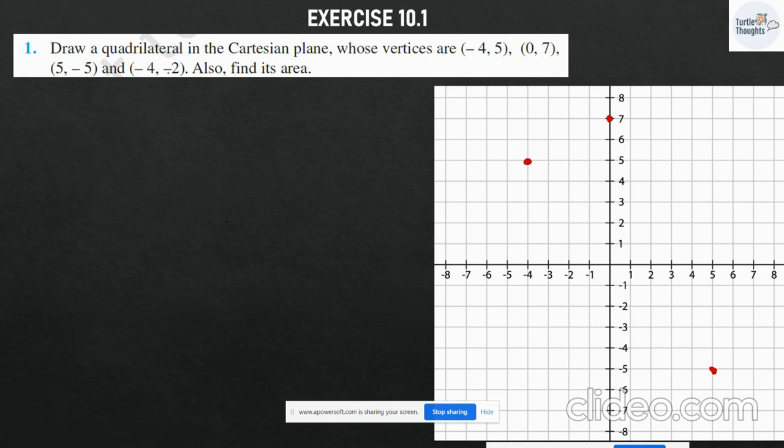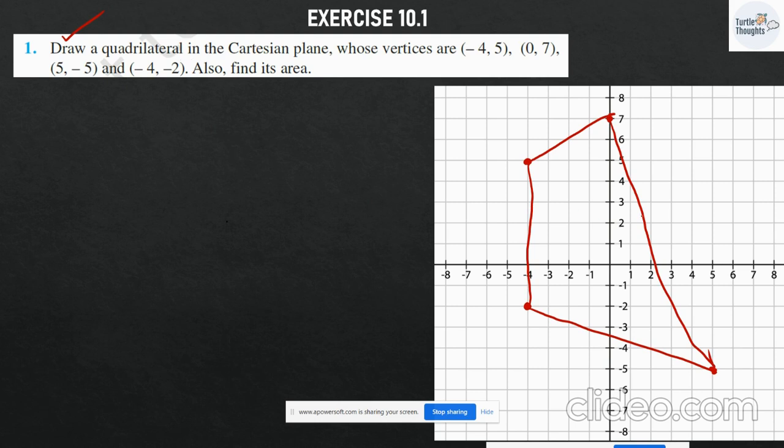So minus and minus, you know that it should lie in which quadrant? It should be lying in the third quadrant, right? So minus 4 on the x-axis, y minus 2. So this is the point, right? Now I can join this. So the first part of the question is done.